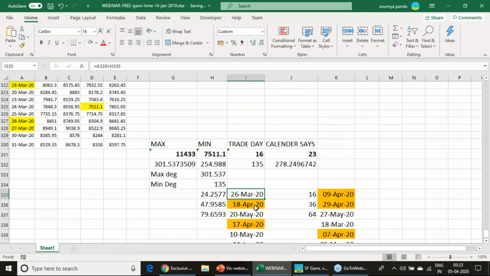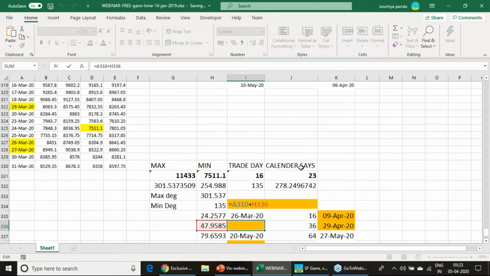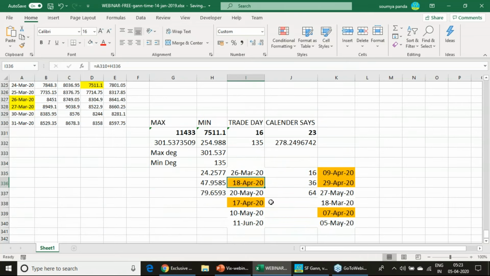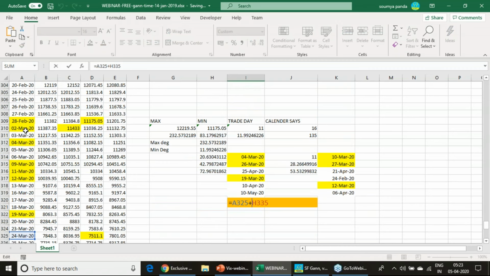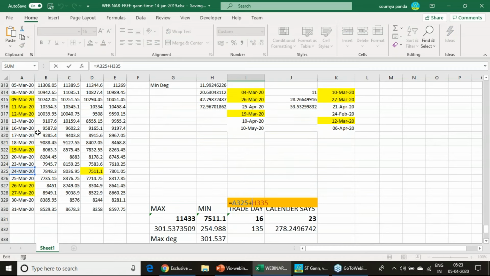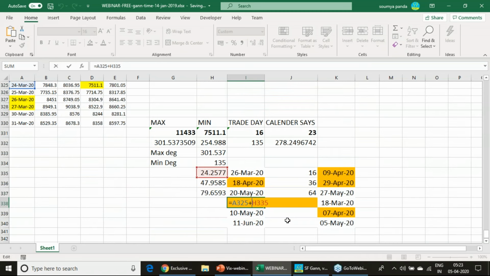So March is already over. Same way, 47.95 I am adding with the 2nd March, and I am getting one more date, which is the 18th April. 20th May. Same way, I have to add it with the low formation day: the same numbers I have added with the high formation day, 2nd March, I have to add with 24th March.